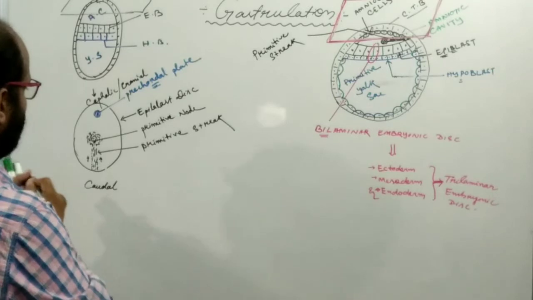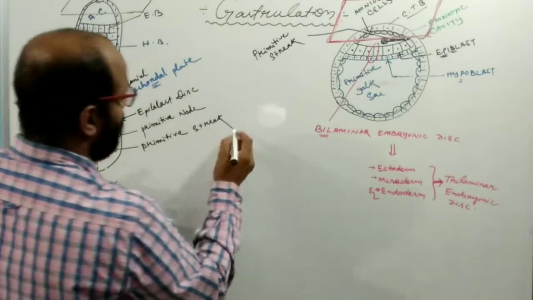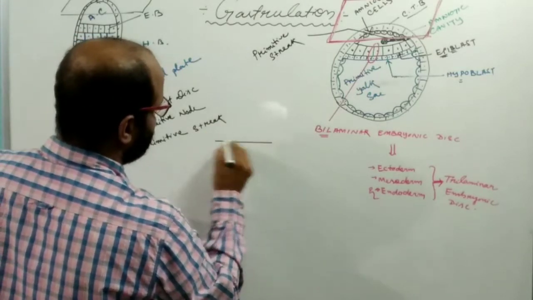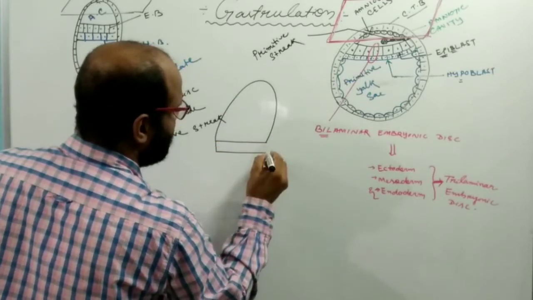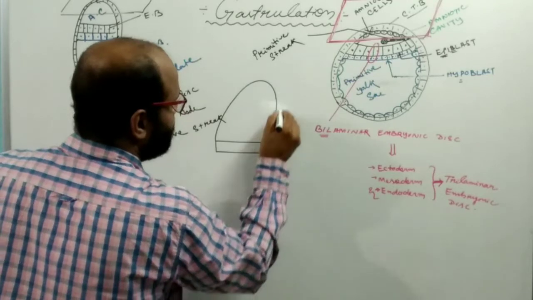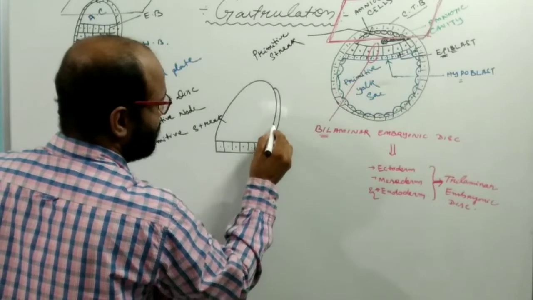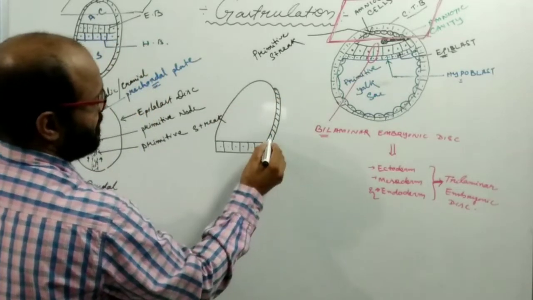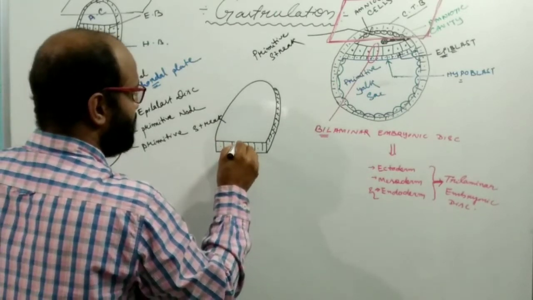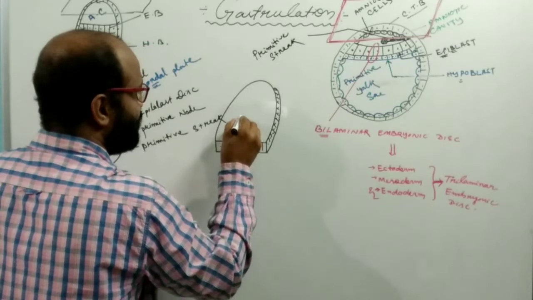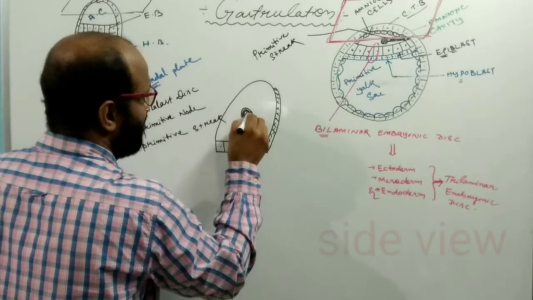And if you observe from one side, suppose this is the epiblast layer, the epiblast disc, and this is the primitive streak, and this is the primitive node.